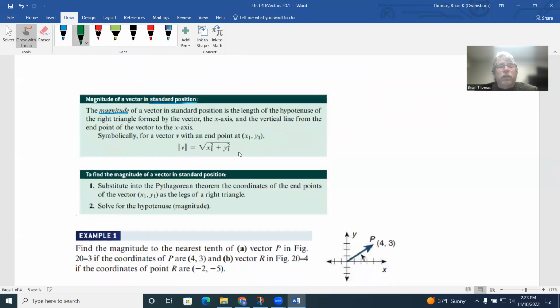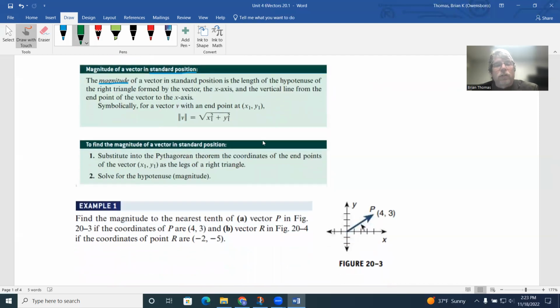To find the magnitude of the vector, it's the square root of x squared plus y squared. To do this, all we need to know is the endpoint (x, y), since we're starting at standard position. We don't have to deal with two ordered pairs. We just have to deal with that endpoint, which is defined by an x coordinate and a y coordinate.